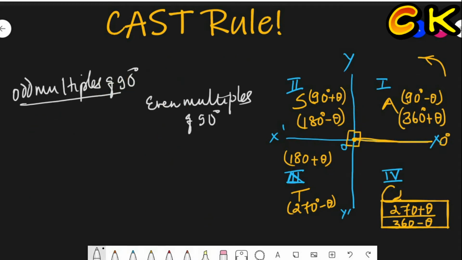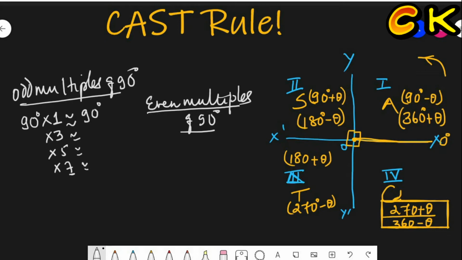Now let's understand what odd multiples of 90 degrees and even multiples of 90 degrees are. If we multiply 90 degrees by 1 or 3 or 5 or 7, meaning odd numbers, whatever values we get are called odd multiples of 90 degrees. So 90 degrees, 270 degrees and so on are odd multiples of 90 degrees.